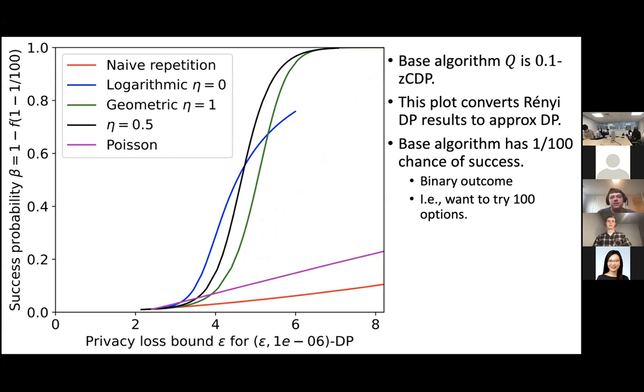Okay, anyway, so this is the same setup again, but now we're going to do the success probability. So we say we're going to look through 100 options. We either find it or we don't. Now we see a similar graph to what we saw before, except now the Poisson does really poorly, just because the privacy analysis for the Poisson is not as tight as we'd like it to be.